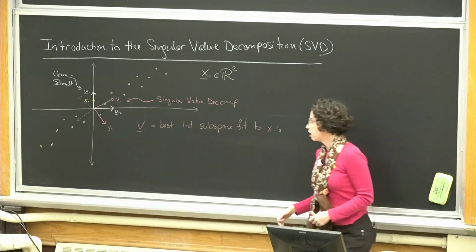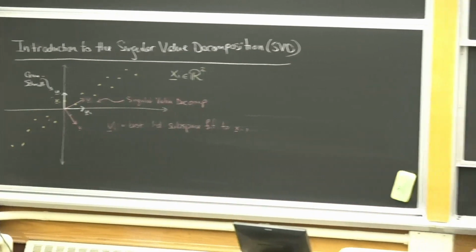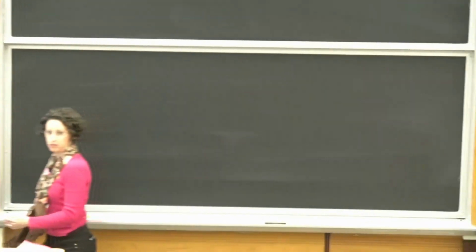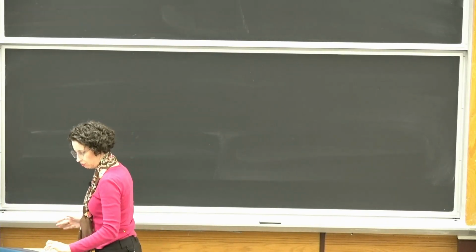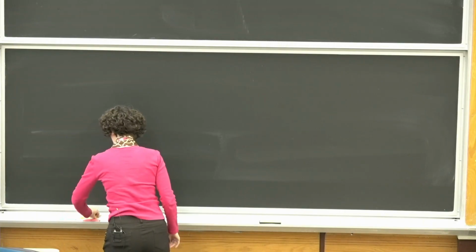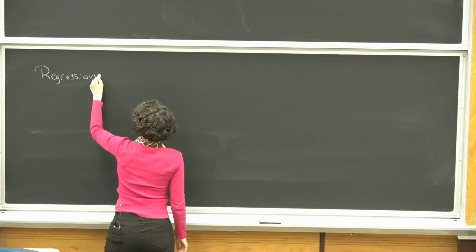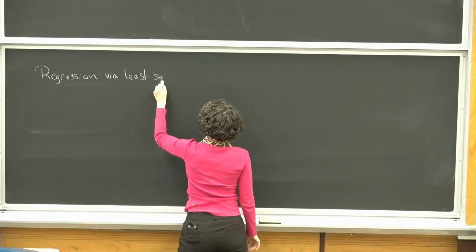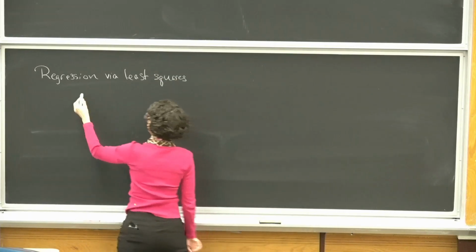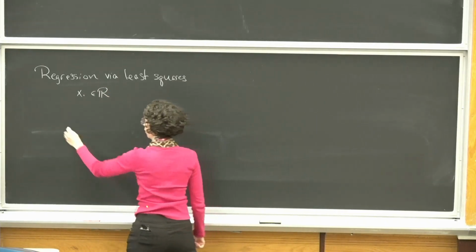Now, before we proceed, I want to make a very crisp and clear distinction between what we're doing when we find this best 1D subspace fit and what we've done previously when we have done regression. So in particular, in the regression setting, when we have done least squares, in this picture, I'm going to have each xi as just being a scalar value.